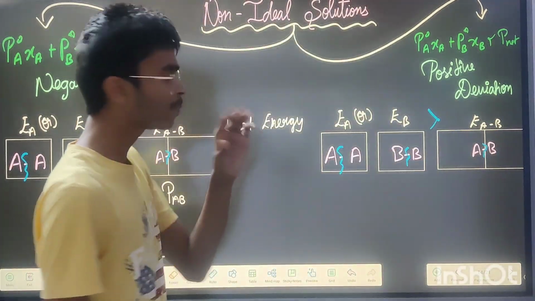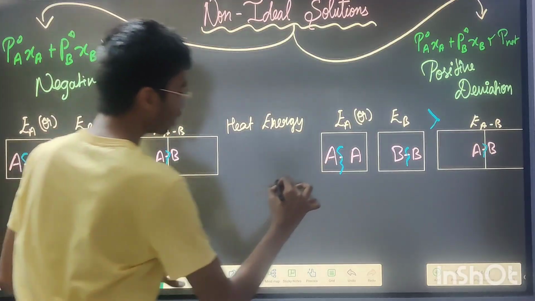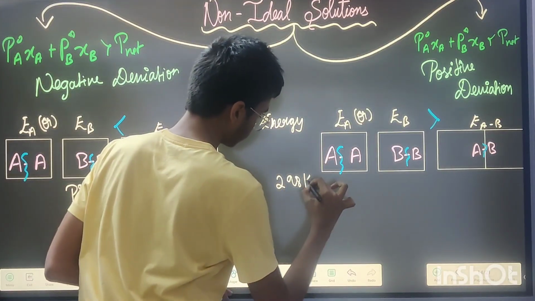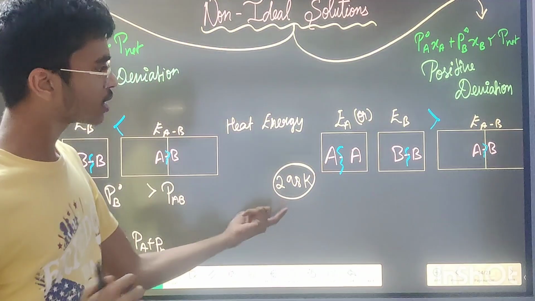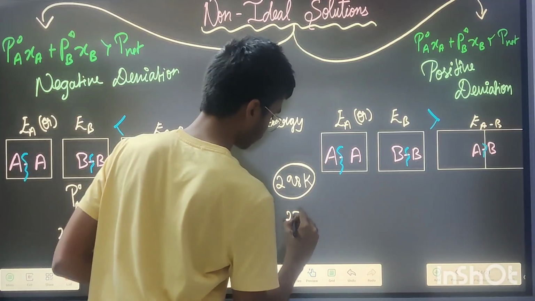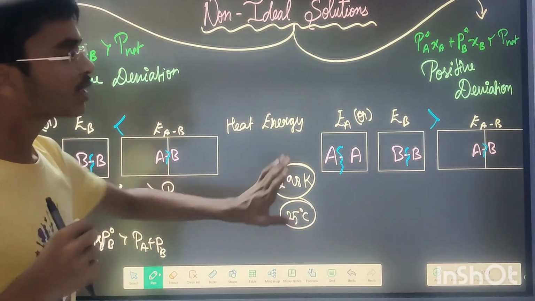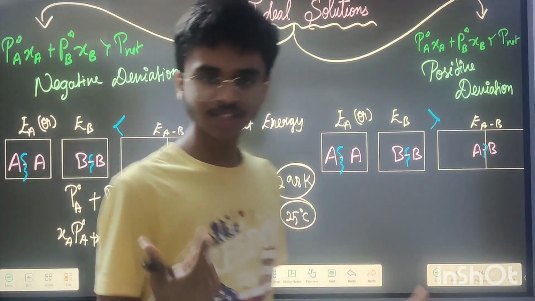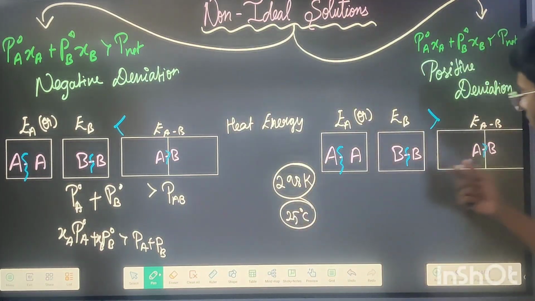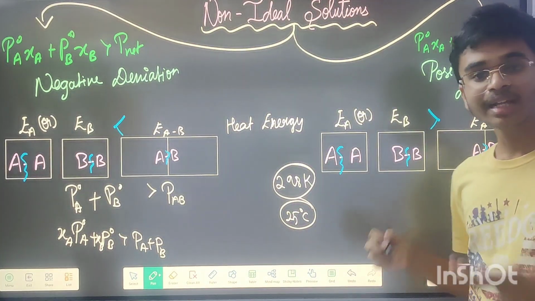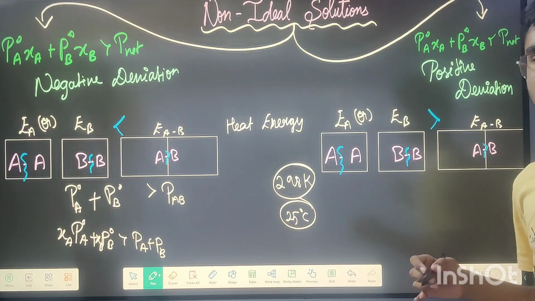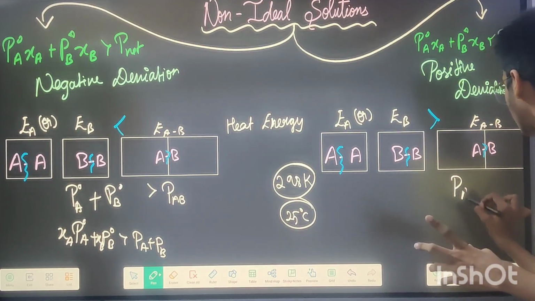Let's take a particular temperature, let it be 298 Kelvin, that means 25 degrees Celsius. So you want 25 degrees Celsius of heat in order to break this bond. At that time there will be a particular amount of pressure that will be created. Let us keep that it is PA plus PB.